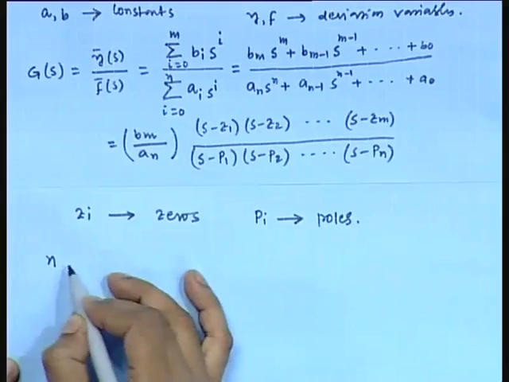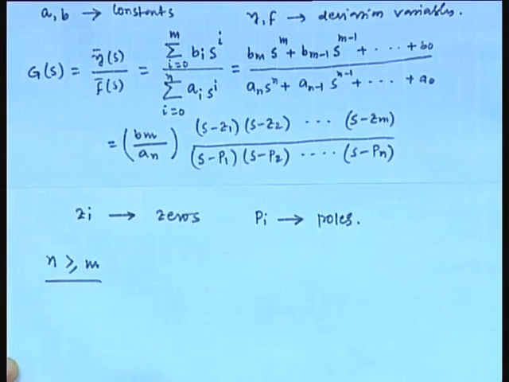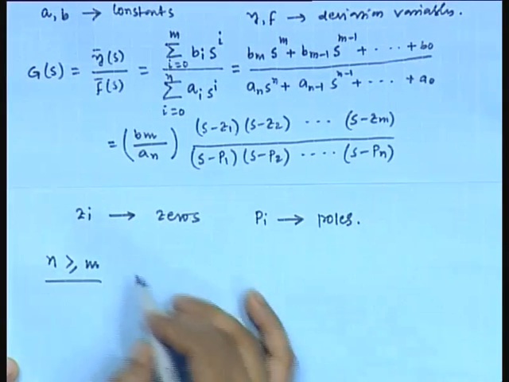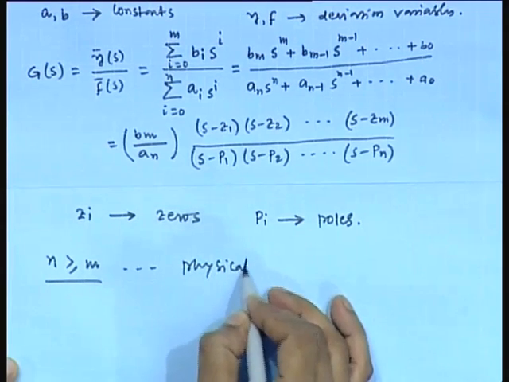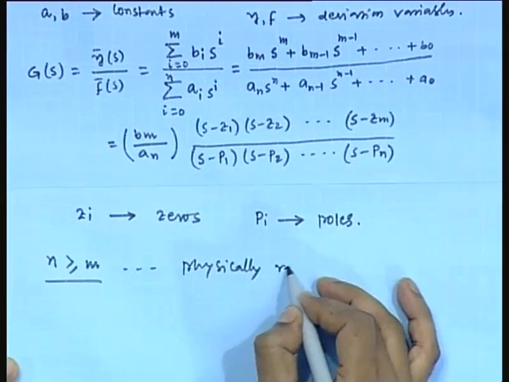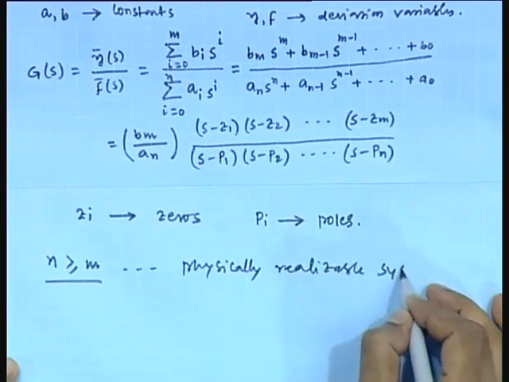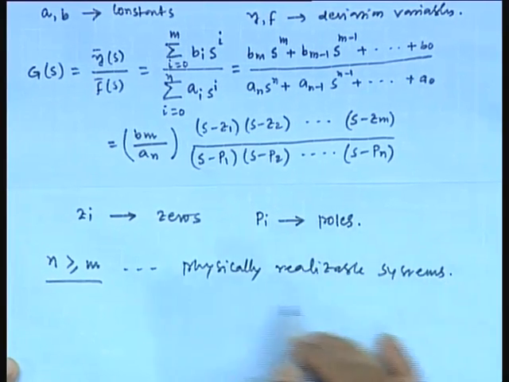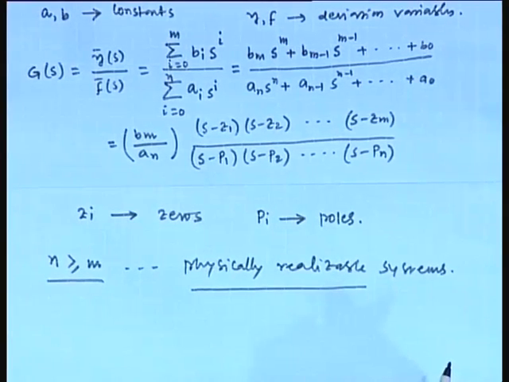These are called physically realizable systems. This term is used in process control. I mean, for all physically meaningful systems, n should be greater than or equal to m.